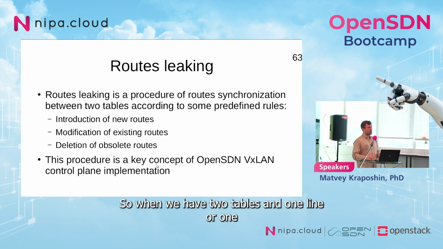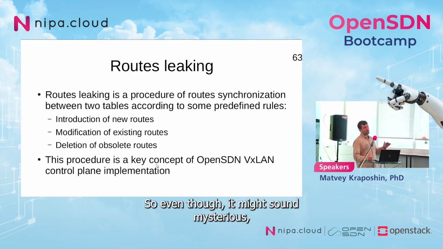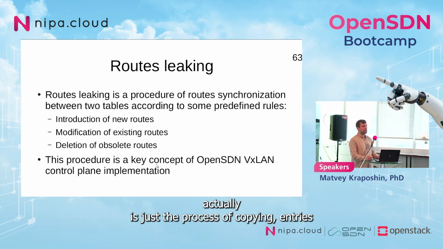So when we have 2 tables and one line or one record from table 1 is copied to table number 2, this process is called route leaking. Even though it might sound mysterious, it's actually just a process of copying entries between 2 tables.